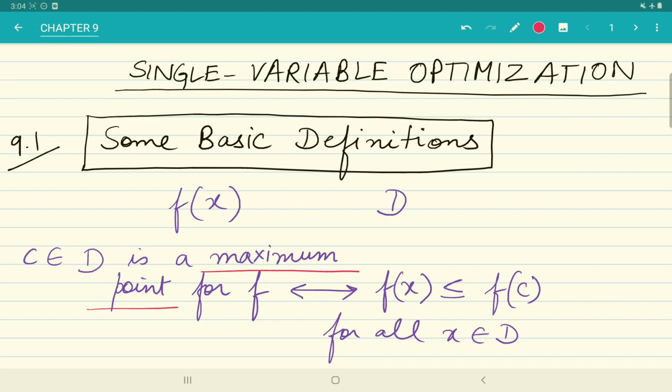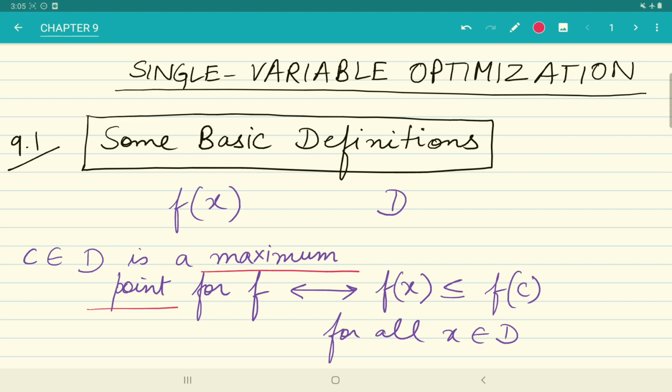But if the value of f at c is strictly larger, then we would write f of c greater than f of x for all x belonging to D. And in that case, little c is not just the maximum point, we then call it a strict maximum point.